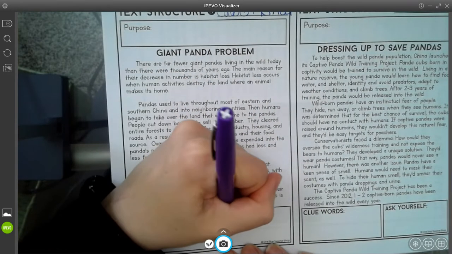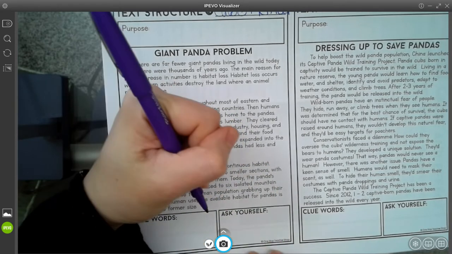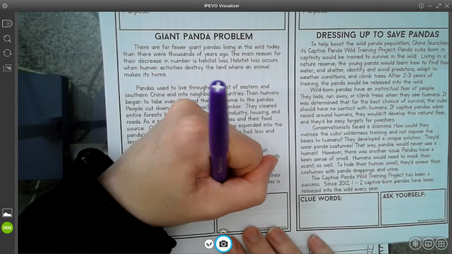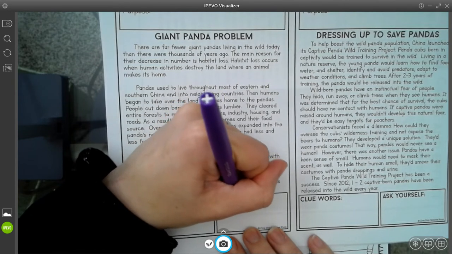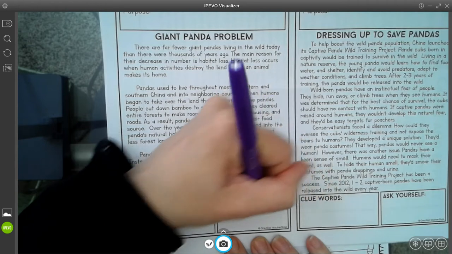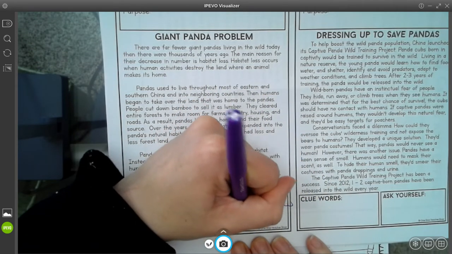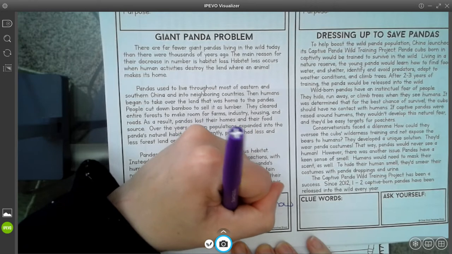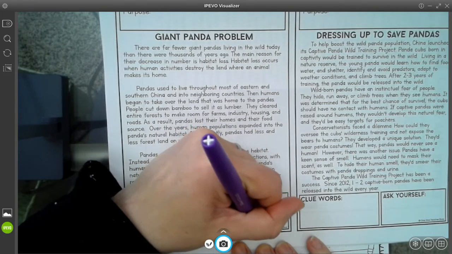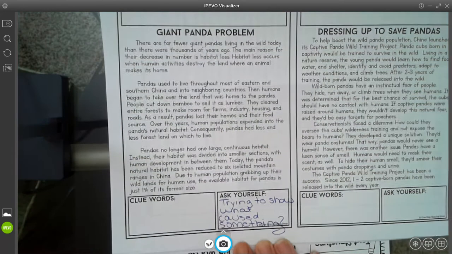So is the author, we'll just do kind of not a full sentence, trying to show what caused something. Okay, so that's that question.